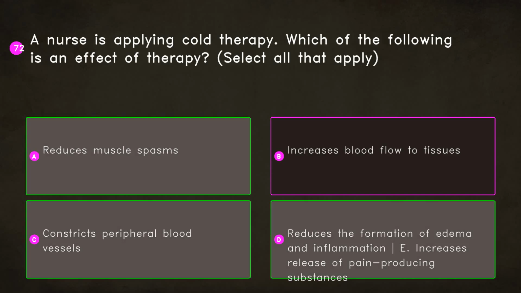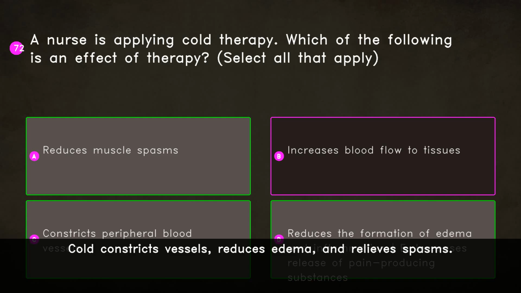The correct answer is reduces muscle spasms, constricts peripheral blood vessels, and reduces the formation of edema and inflammation. Cold constricts vessels, reduces edema, and relieves spasms.